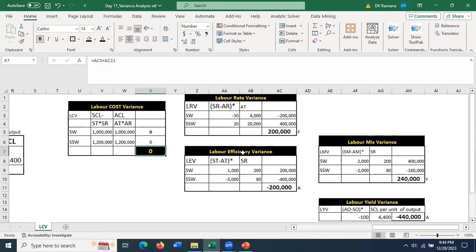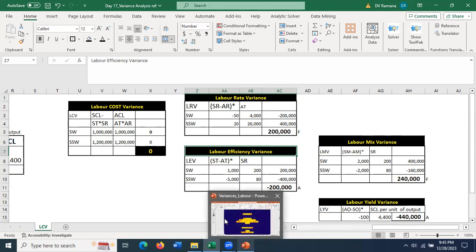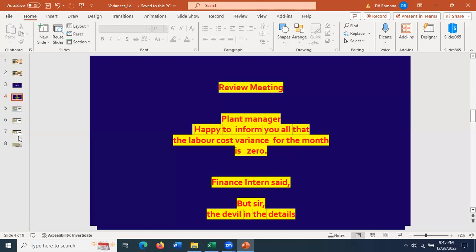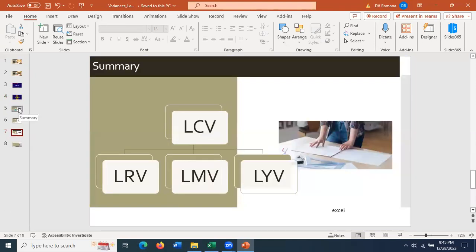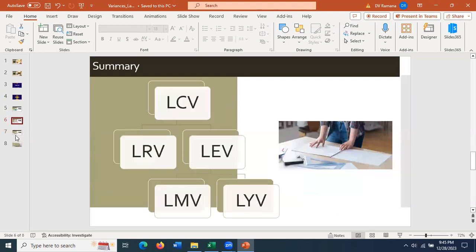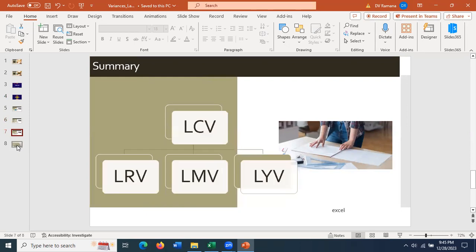So labor cost variance may arise because of the rate or efficiency or mix or the net efficiency variances. Before we comment on the overall performance of a company, it is always advisable to examine all components of the variances.